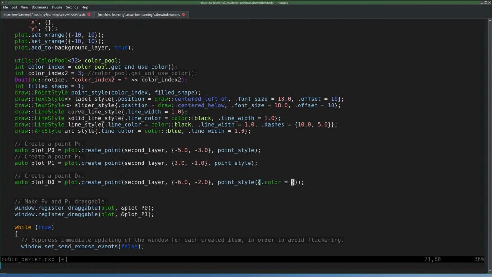Incremental color. I don't know, let's try 2.